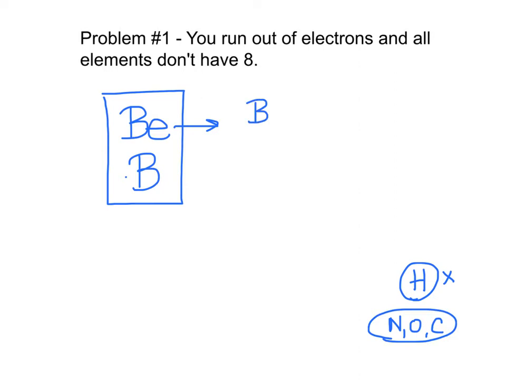If you have BeH2, you would actually end up with this. Don't try to make double bonds. It's okay that beryllium only made 2 bonds, that it only has 4 electrons. It's because of its location on the periodic table, and when we draw 3-dimensional structures for this, you'll see why it fits this way. So beryllium, you just have to memorize it.